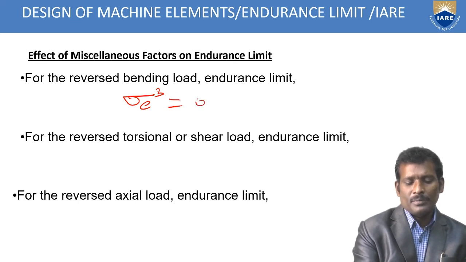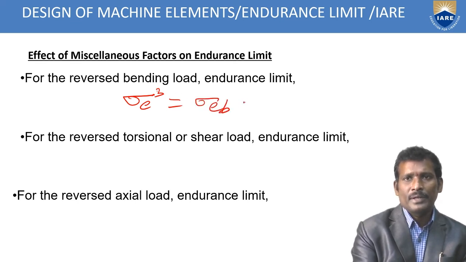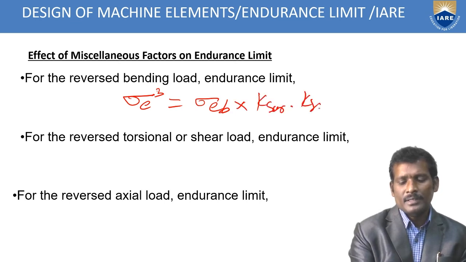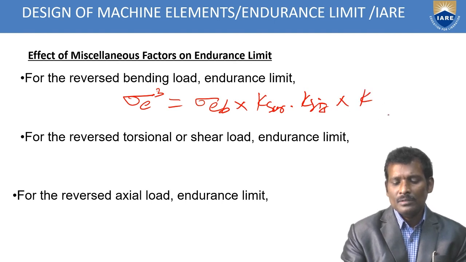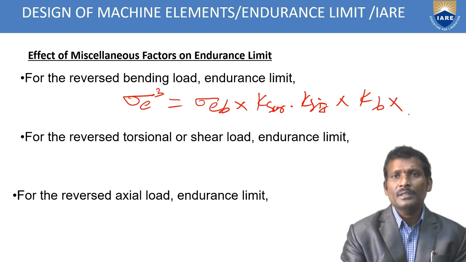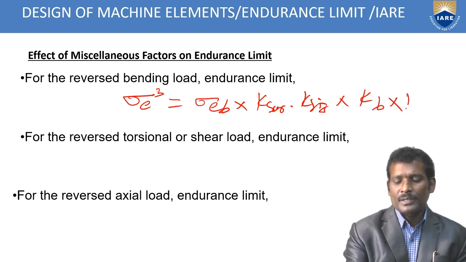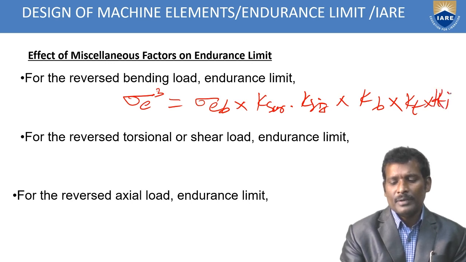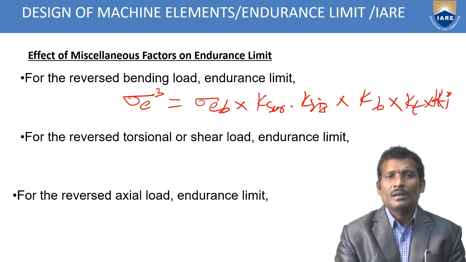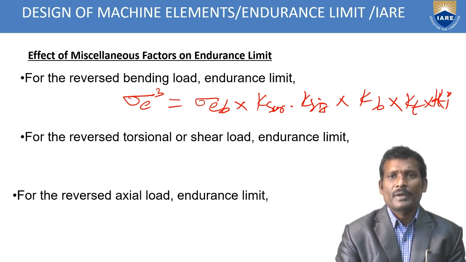That is equal to sigma EB for bending loads, with K surface and K size factor, multiplied with K load factor, multiplied with the other factors, the temperature factor and impact factor. Whatever is affecting, you need to multiply those factors.